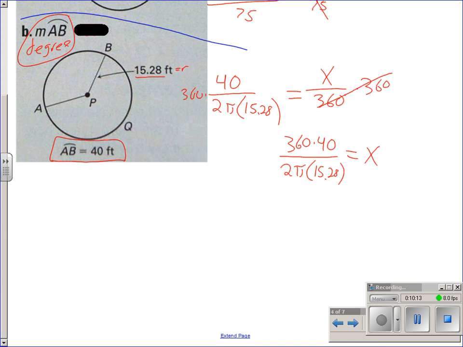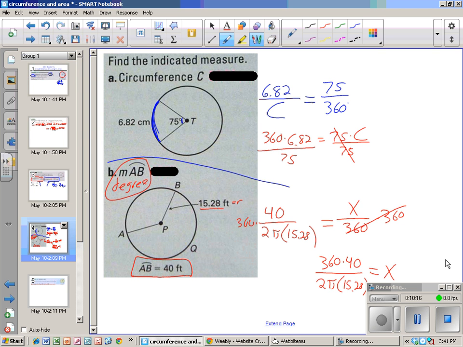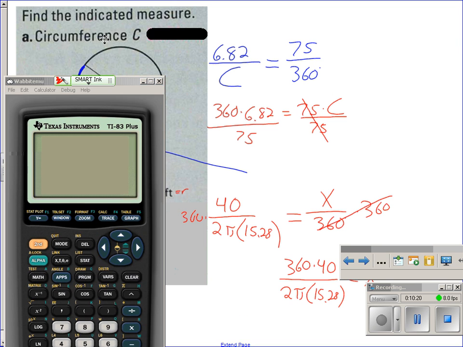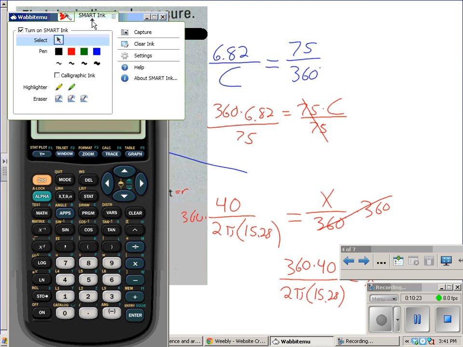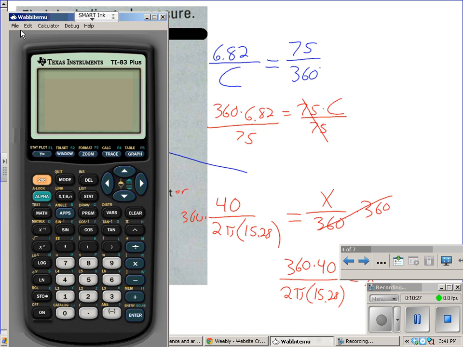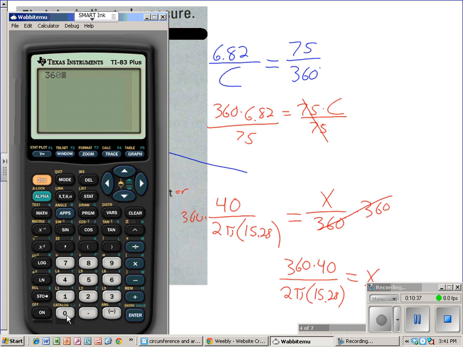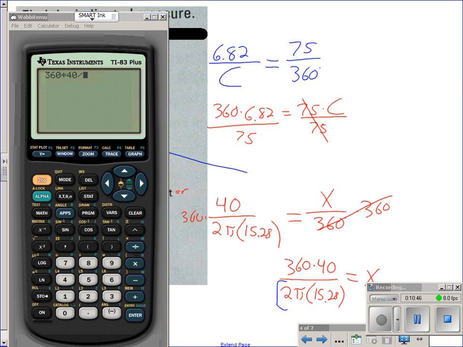On your calculator, let me get the calculator back up here. On the calculator, if you're going to do this all in one step, you're going to do 360 multiplied by 40, divided by, and you are dividing by this whole thing.